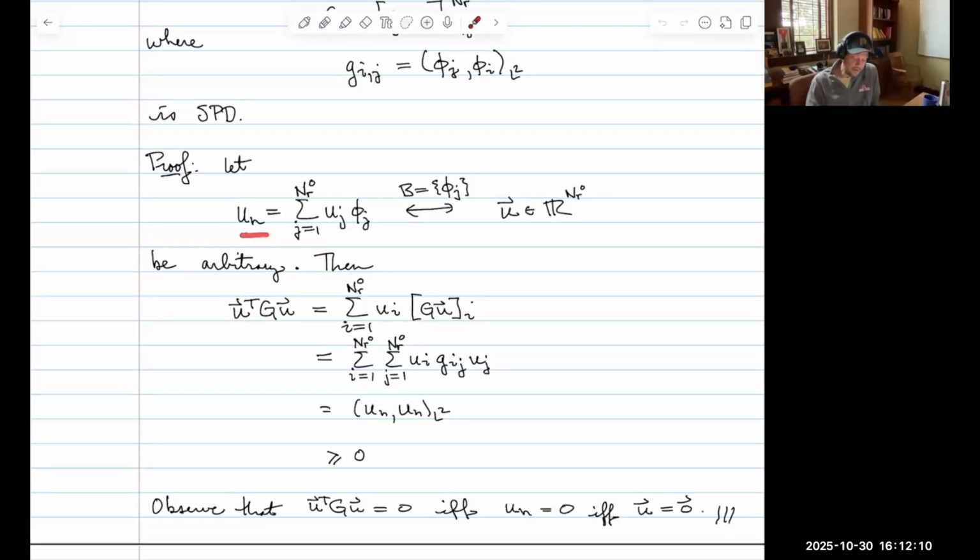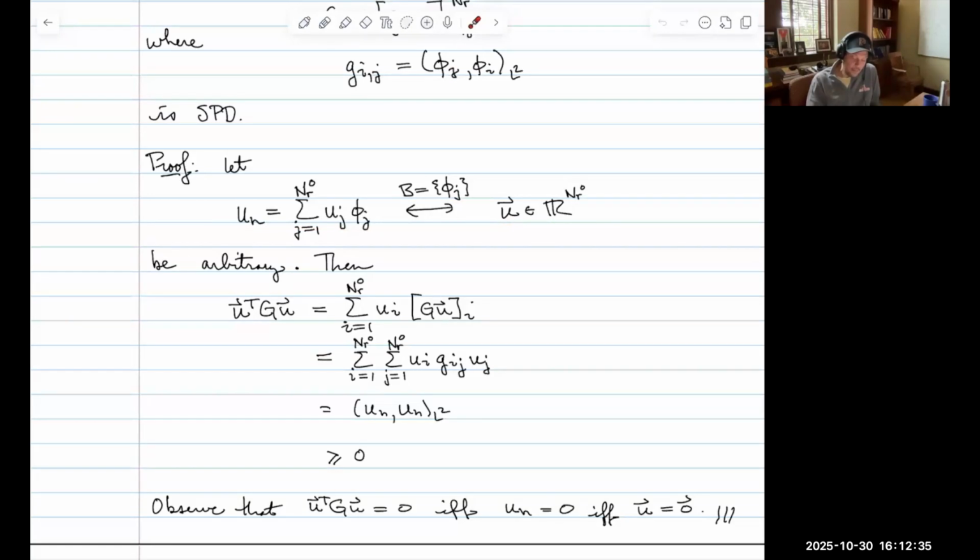Any finite element function can be written as a linear combination of the basis vectors. These coefficients here give me what are known as the coordinates of that finite element function with respect to a certain basis. The basis that I'm going to use is the standard basis B. Now, I say that this is the finite element function connected to its coordinate vector.